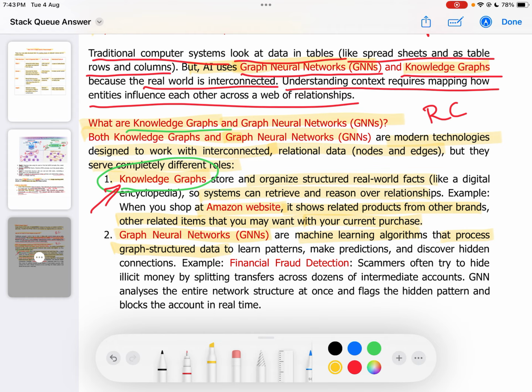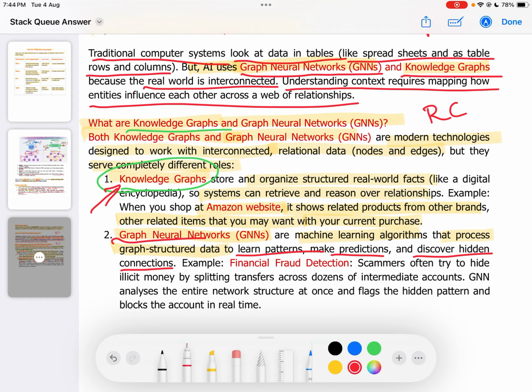To process it, we need a GNN, to learn patterns, make predictions, and discover hidden connections. From the knowledge graph and the user base, it understands the patterns, what is happening, and it makes predictions and discovers the hidden connections. That is a graph neural network. This is part of machine learning algorithms.